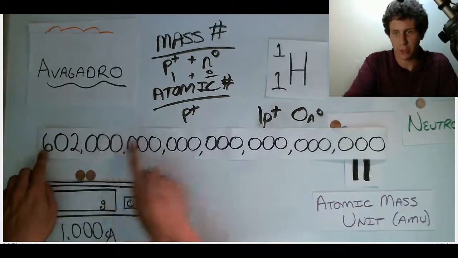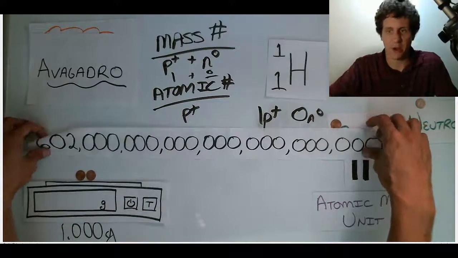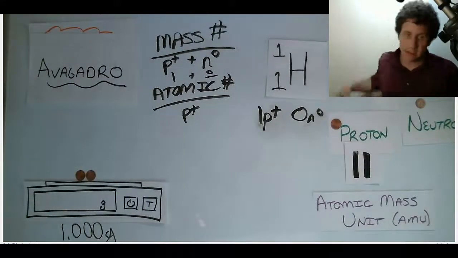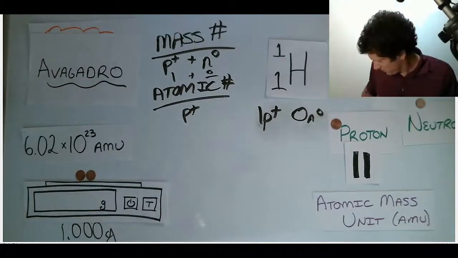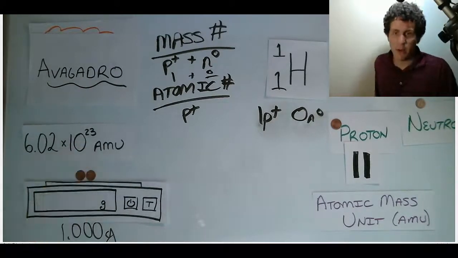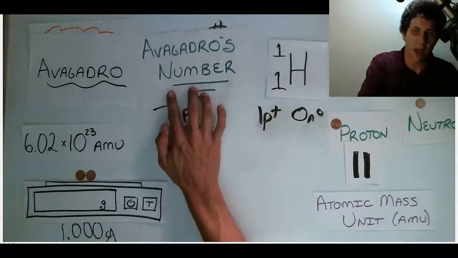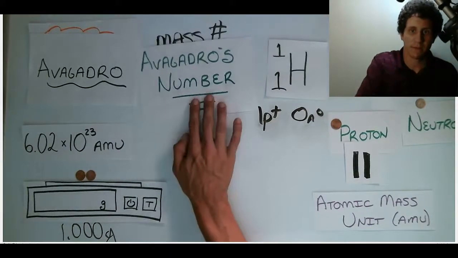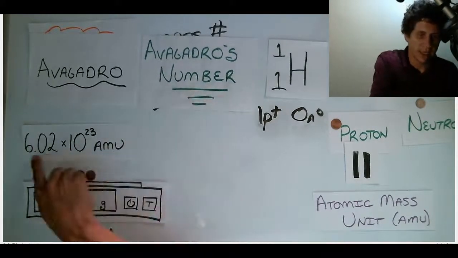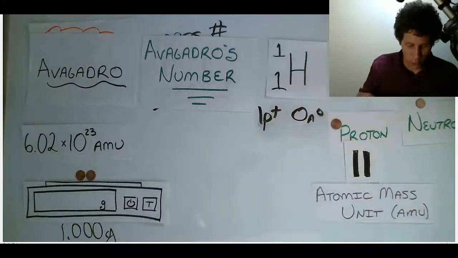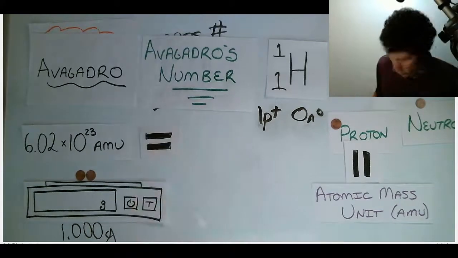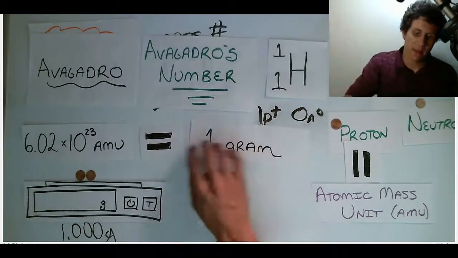Now, this number is ginormous, so let's get rid of all the zeros and get it into something more useful: 6.02 times 10 to the 23rd. This number is what we now know as Avogadro's number. This is how many AMUs, or protons in this case, would be required to get to 1 gram of a substance.